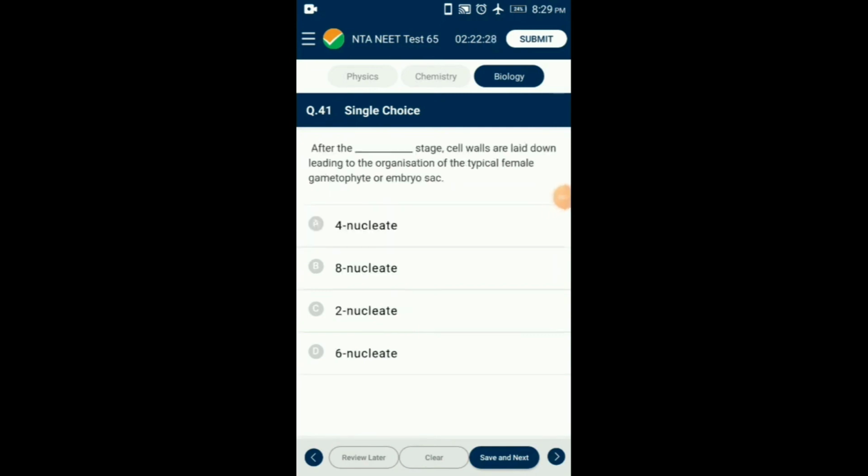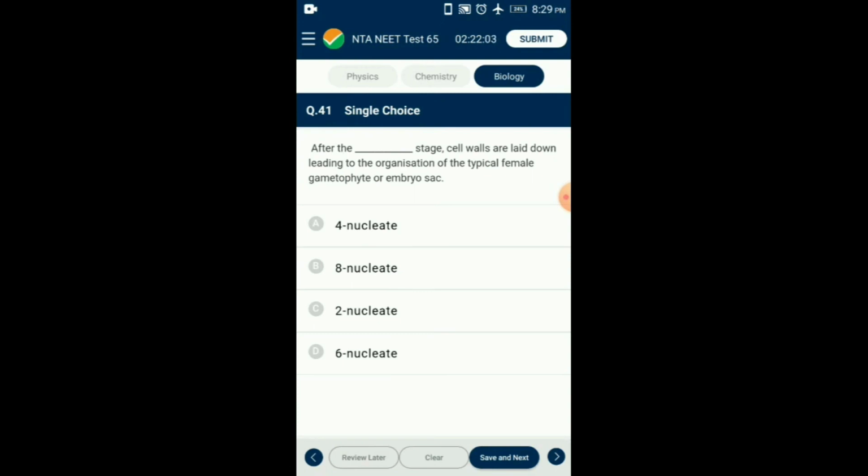Question number 41. After the eight nucleate stage, cell walls are laid down, leading to the organization of the typical female gametophyte or embryo sac. The nucleus of the functional megaspore divides mitotically to form two nuclei, which move to the opposite poles, forming the two nucleate embryo sac.